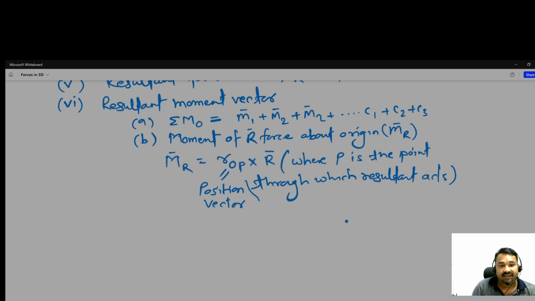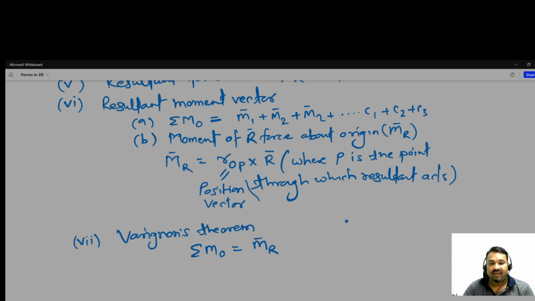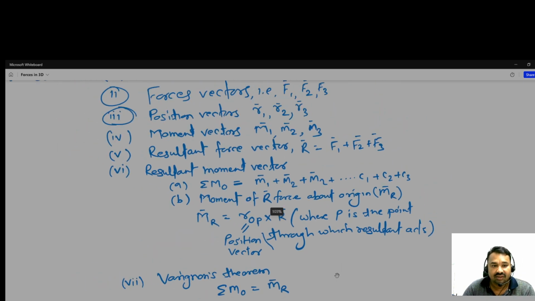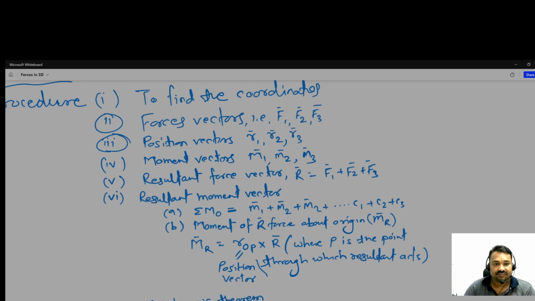Then the last step, the 7th, we have to apply the Varignon theorem. That is the summation of moments about the origin equals the moment of the resultant.